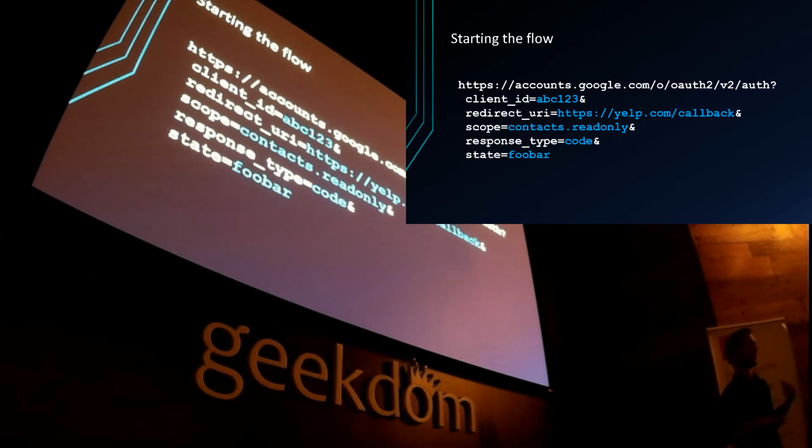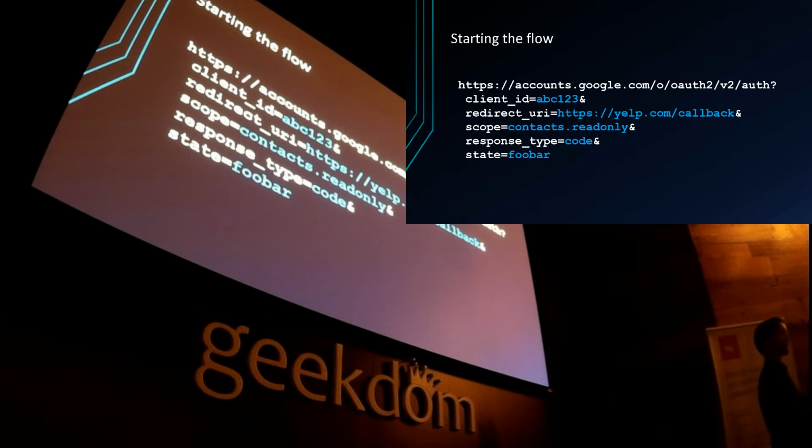One is something called a client ID, which is basically just an ID that refers to this particular client. So it identifies that this is Yelp as opposed to somebody else. And then something called a response type, which is how the client asks for a particular authorization grant at the end of the flow. So far we've really just been talking about an authorization code.